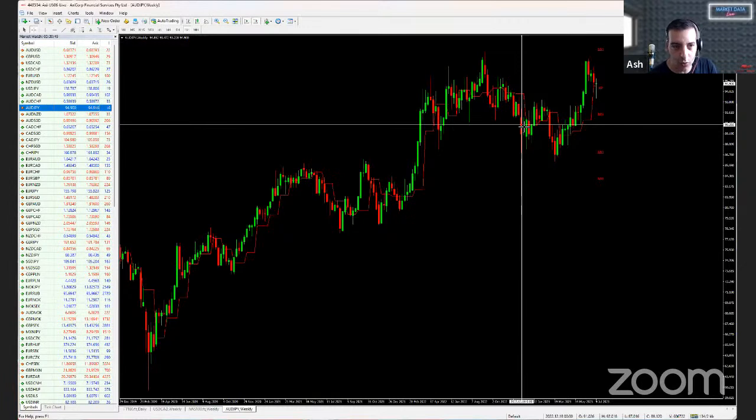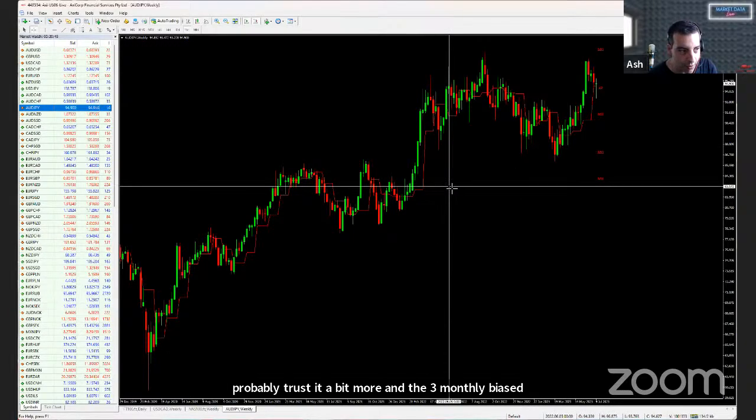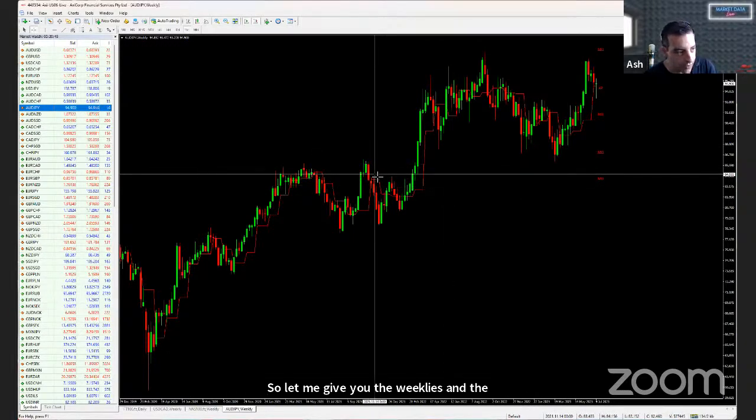We're not going to be able to trust it quite as much because weekly changes can be subject to a couple of factors being slightly out. The monthly bias we can probably trust a bit more, and the 3 monthly bias we can probably trust a little bit more than that. So let me give you the weeklies and the monthly and the 3 monthly, and we'll see if anything correlates.